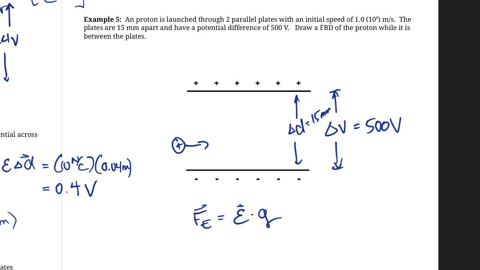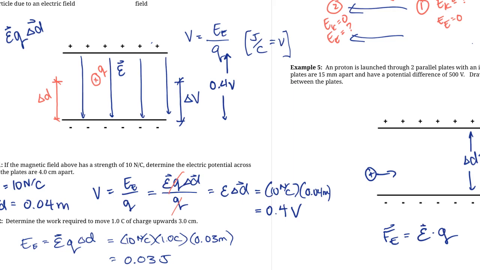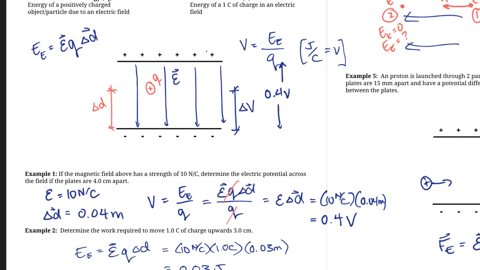To do that, remember, there's a relationship between our electric potential difference and our electric potential energy, which relates the two in terms of the field strength, because the field strength is in our electric potential energy. It's not in our electric potential, but when we combine them, we said that V is equal to epsilon delta D, right?